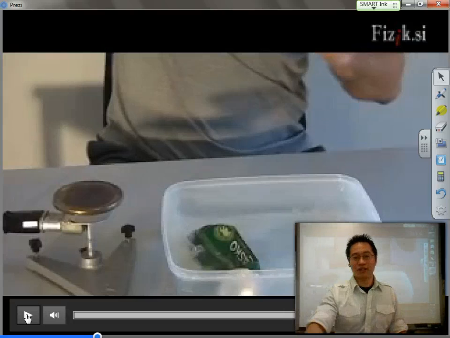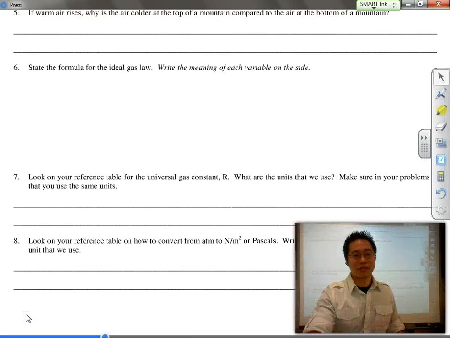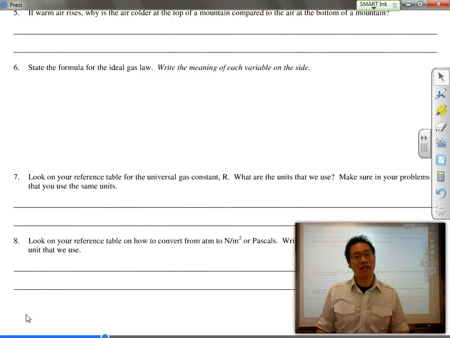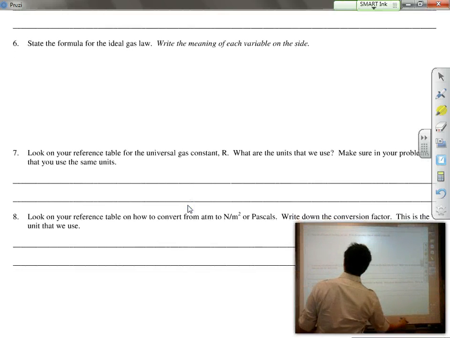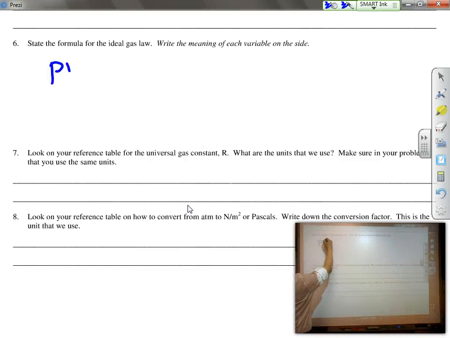Okay, so that's the ideal gas law. And last year you learned about how they can be related for situations where you set them equal to each other, and we're going to do that in a moment. But the actual ideal gas law looks like this. All three gas laws combined create PV equals nRT.